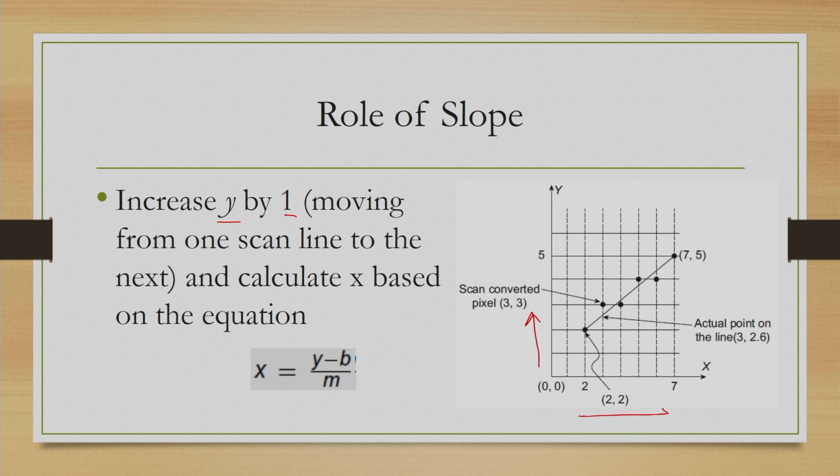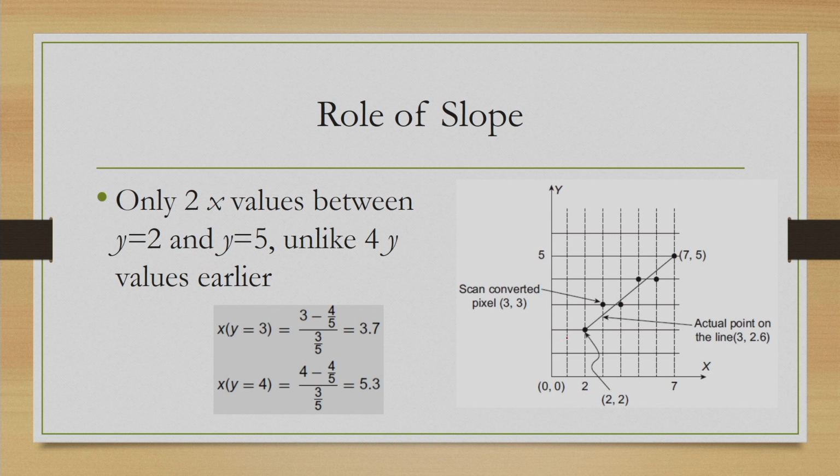Earlier we were moving along this direction, now we are moving this way from one scan line to the next, and then we calculate x based on the equation. Now, we need a modified equation, which is given here, and we already know b and m, the y intercept and slope respectively. So, we simply replace the y value to get the x value.